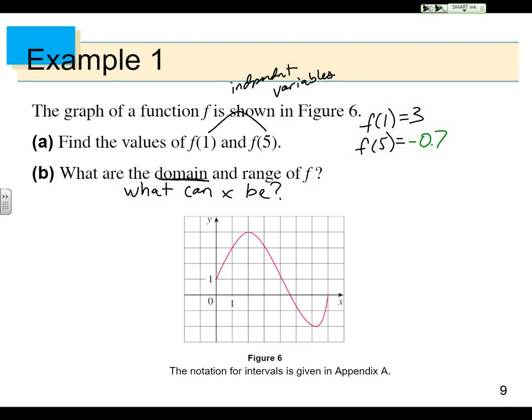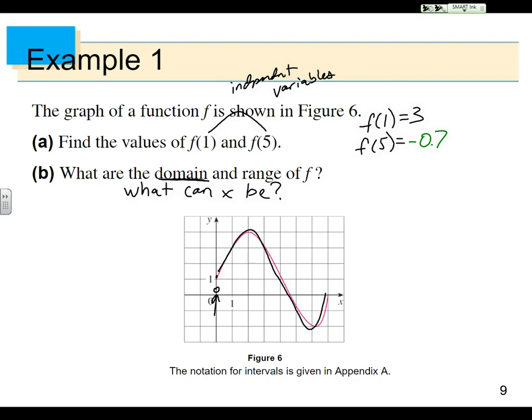I'm still wanting to think of it not in set builder notation. That's how the book might put it, but I want it as interval notation. I want to know the smallest value that x can be. If I come over here, I came all the way back right here to 0. And I can see that x touches every single value all the way until, let's see, 7, 8, 9.